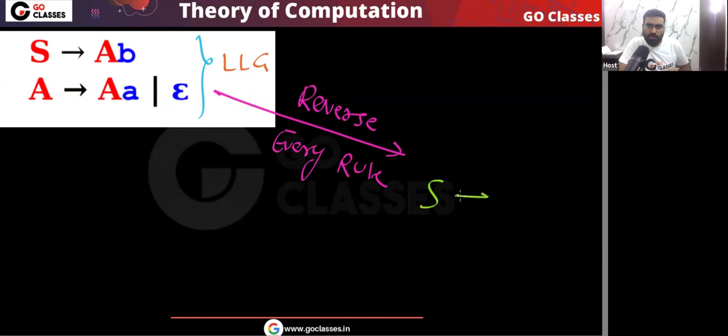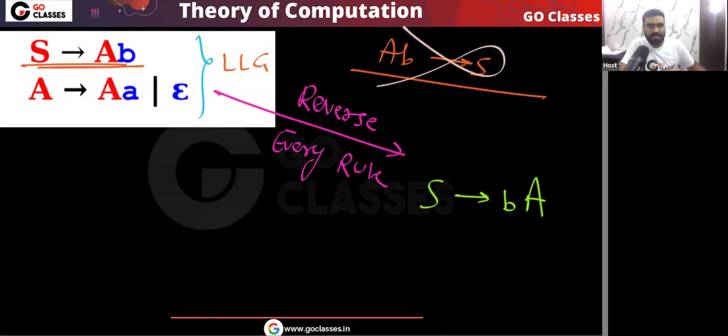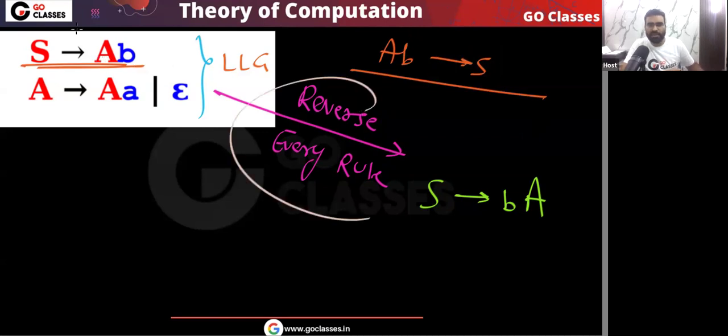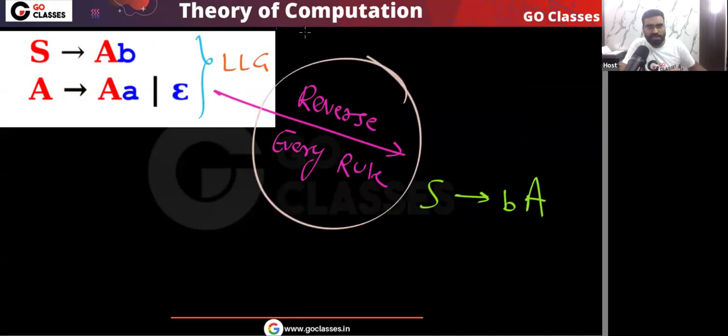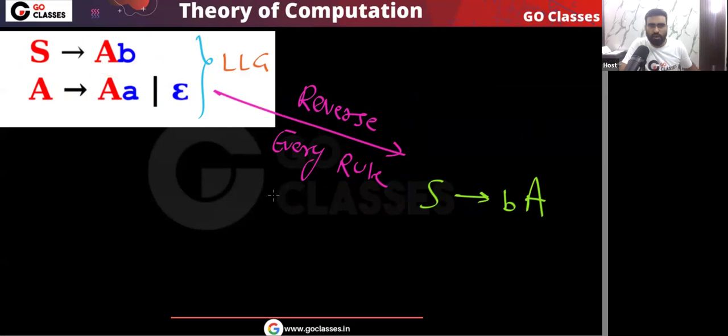You will get S going to BA. When I say reverse every rule, you don't have to do AB going to S. Is this clear? Don't do that. Reverse every rule means reverse the RHS of every rule. Is this point clear? So you will get S going to BA, A going to AA slash epsilon.